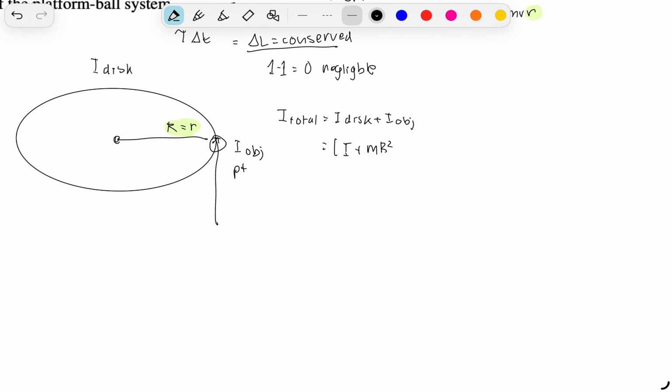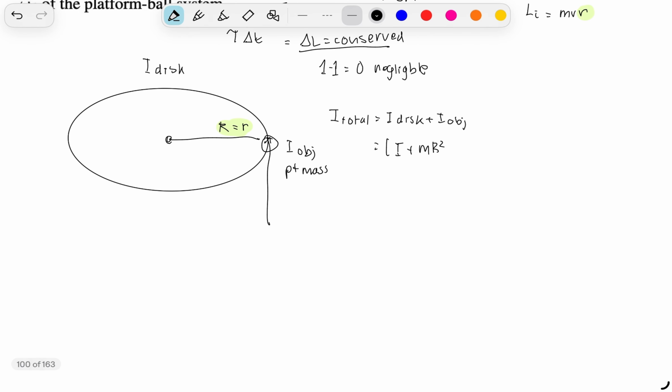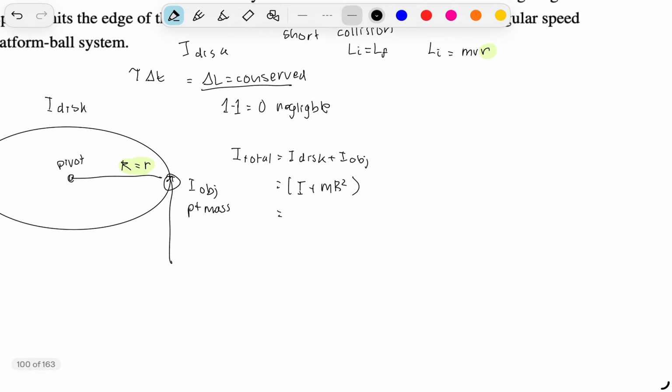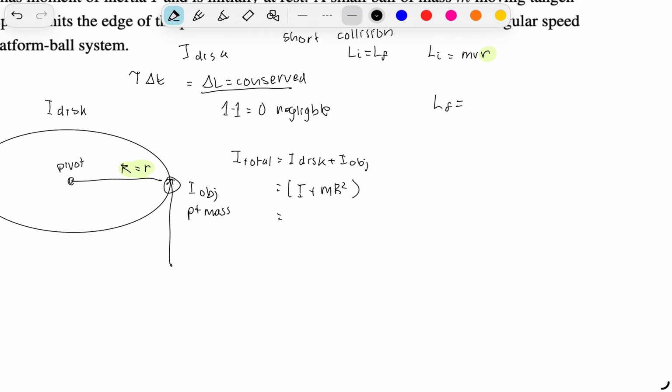This is a point mass, and when you have a point mass, that formula is just mr squared, at a radius from the center, which is our pivot. So we can write our final angular momentum. L final is going to equal our total inertia times omega final.